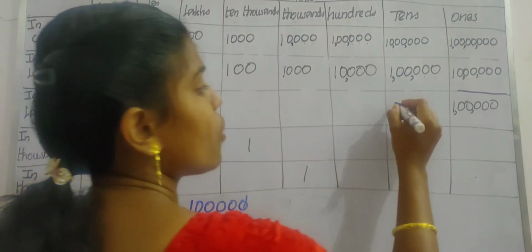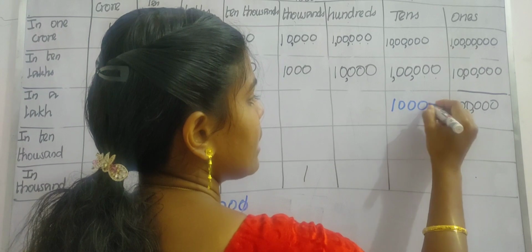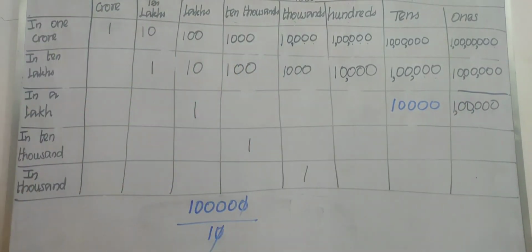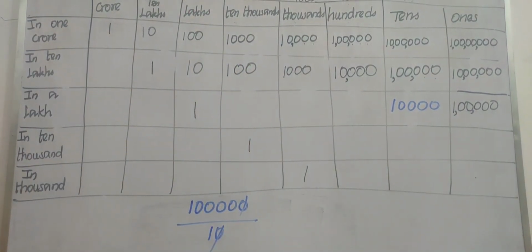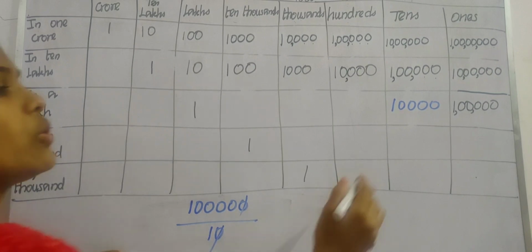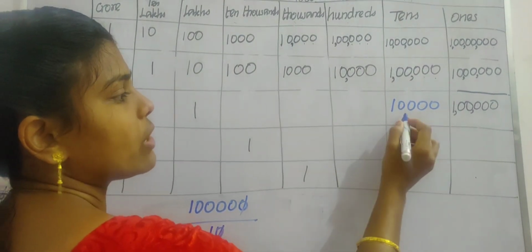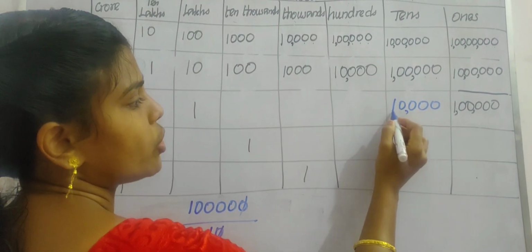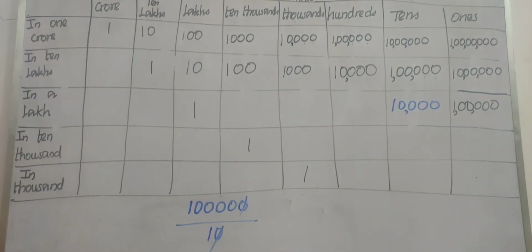So there are 10,000 times tens in a lakh. Insert the comma. Count 1, 2, 3, insert comma and then 1, 2. So there are 10,000 times tens in a lakh.